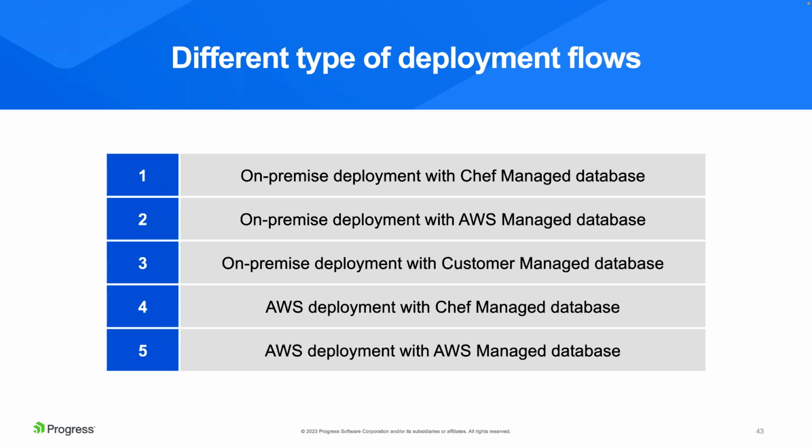There can also be an AWS deployment where the databases are managed by Chef in the deployment, or they can be managed by AWS, where the Postgres and operating system nodes are managed by AWS. On on-prem deployment, one needs to provision their own infrastructure and then install the front-end and back-end nodes according to their deployment type. In AWS deployment, there are utilities to provision and deploy on AWS infrastructure.